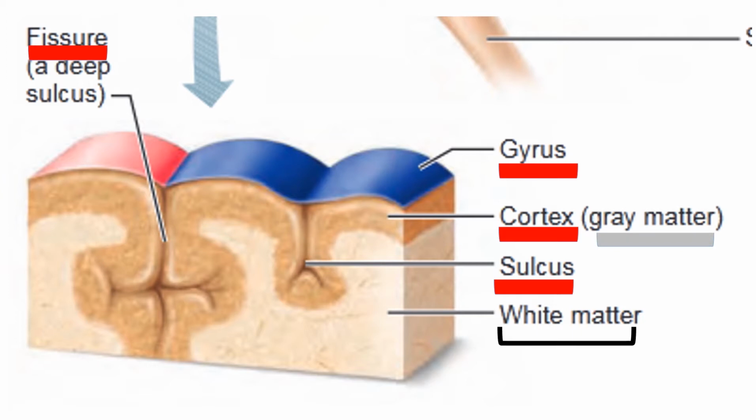Why is it gray? It's because it's a collection of cell bodies of neurons. And why is the white matter white? Because it contains axons that are myelinated.